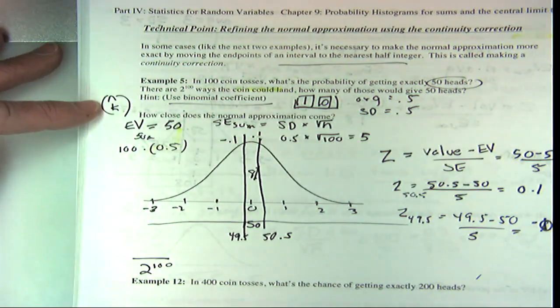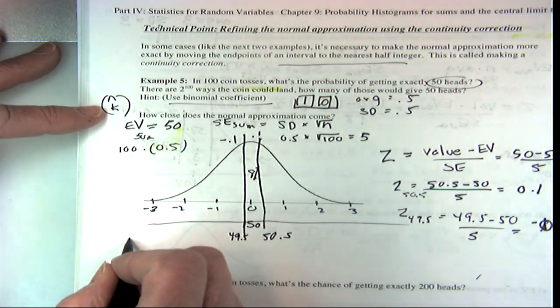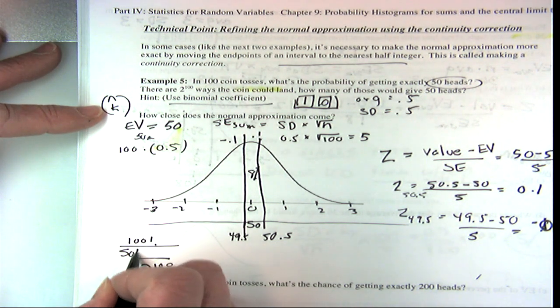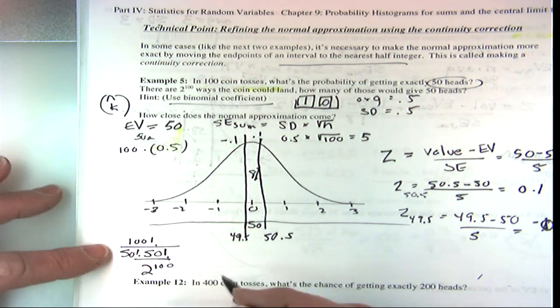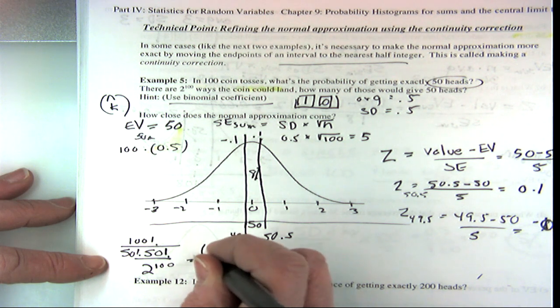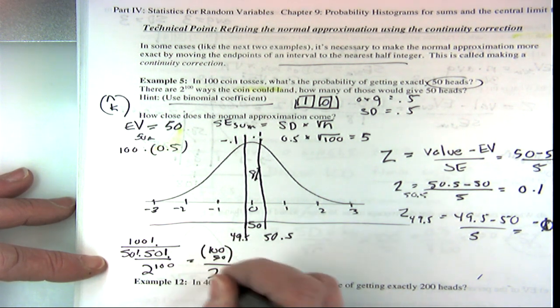So what we want is 100 choose 50. So that would be 100 factorial over k factorial times n minus k factorial. Right here we have 100 choose 50 over 2 to the 100th.